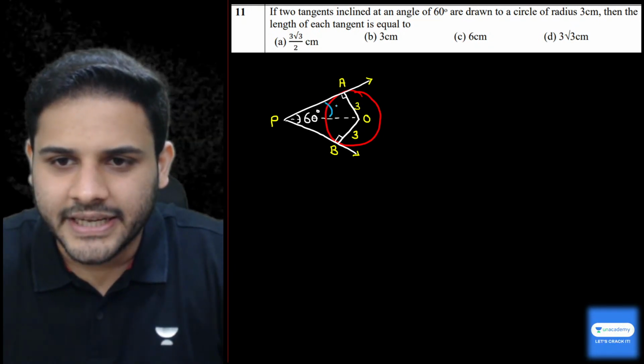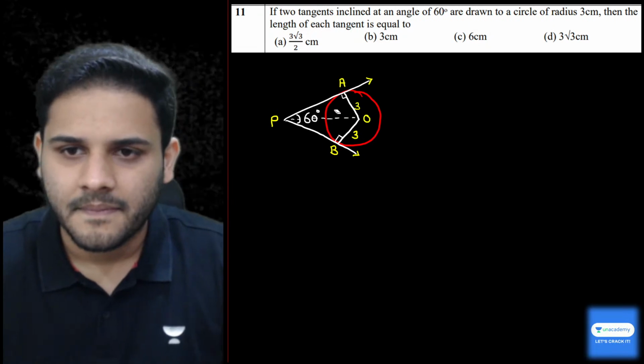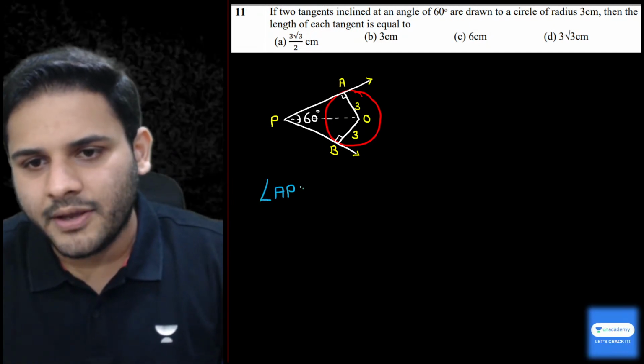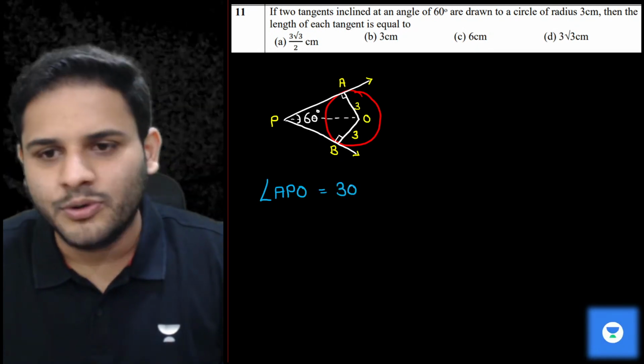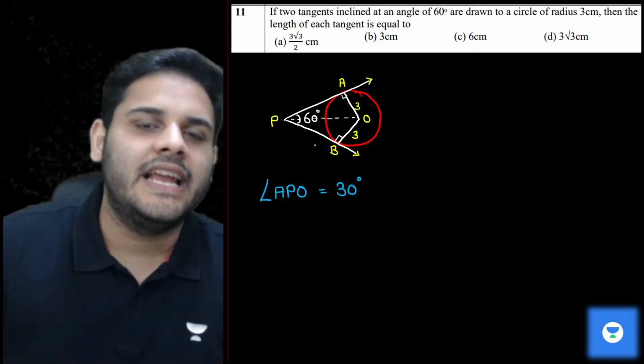This will become 30 degrees. Angle APO is equal to 30 degrees. Yes or no? Guys, we have to find the length of each tangent.